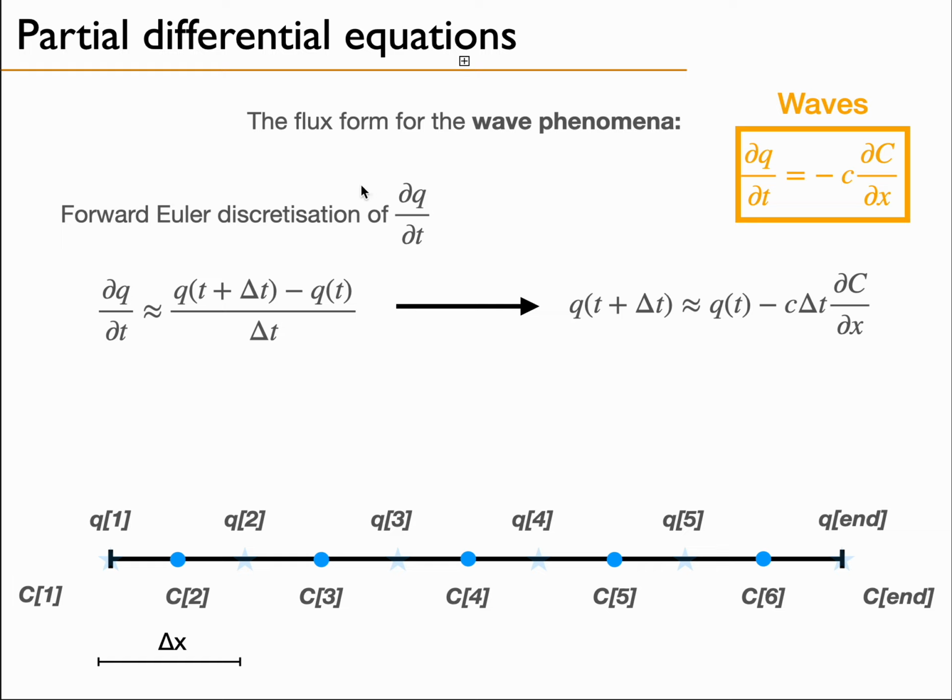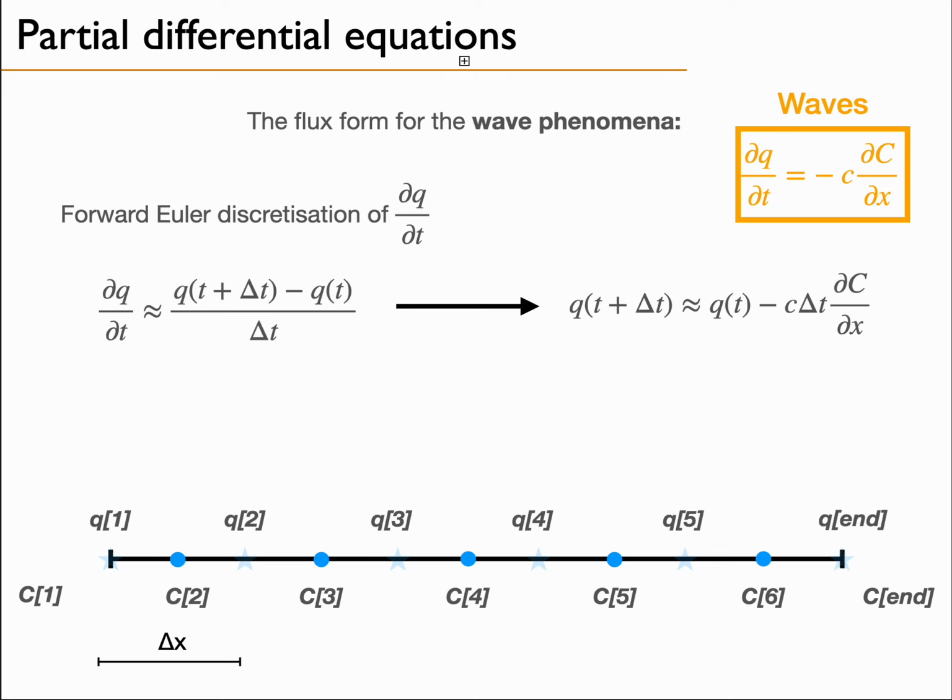We make a forward Euler discretization of the rate of Q. So dQ dt will be the new Q at time t plus delta t minus the old Q divided by delta t. This expression you can solve, and you will obtain that the new Q will be the old value of Q minus C times delta t times the approximation of dc dx. So here I'm using already this expression here.